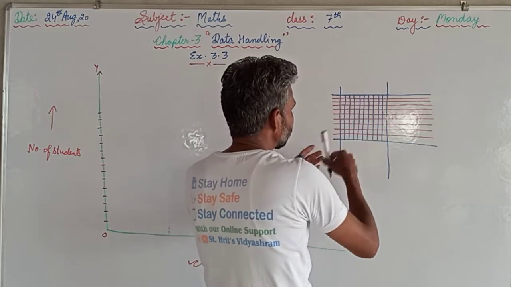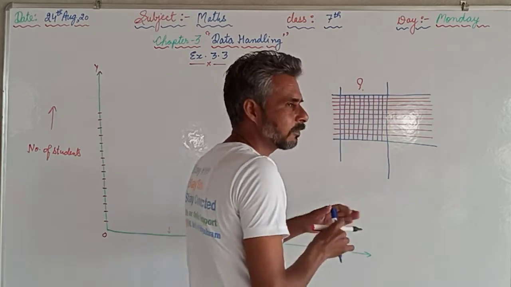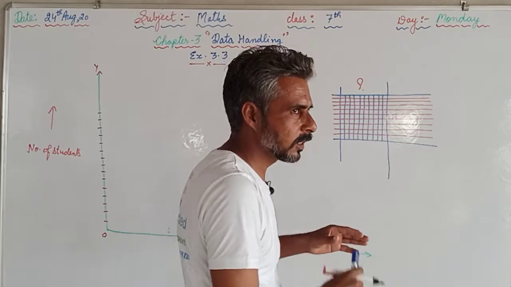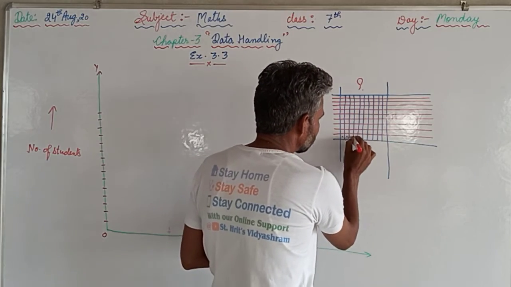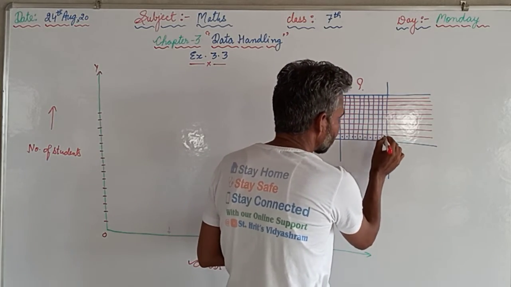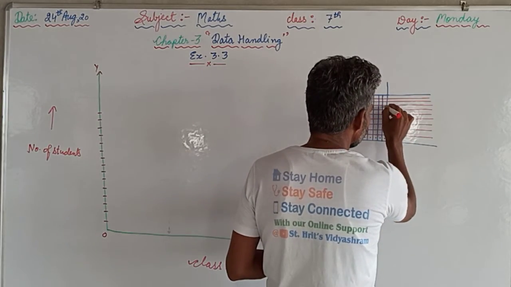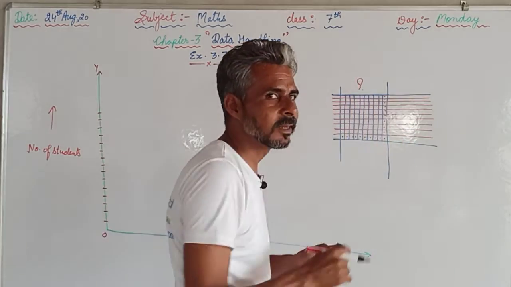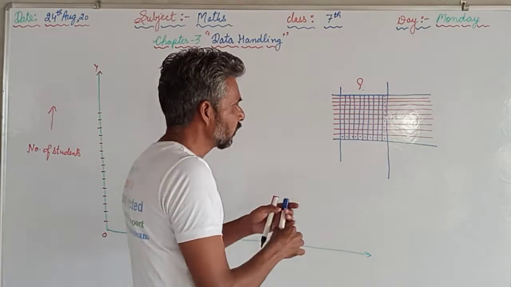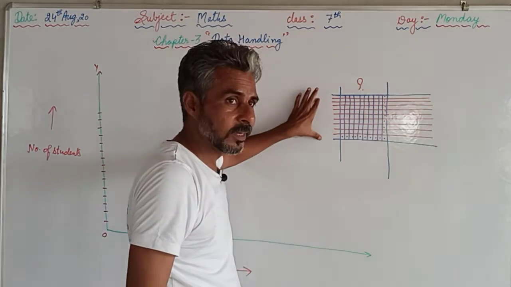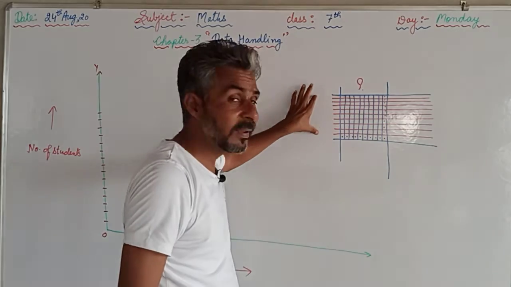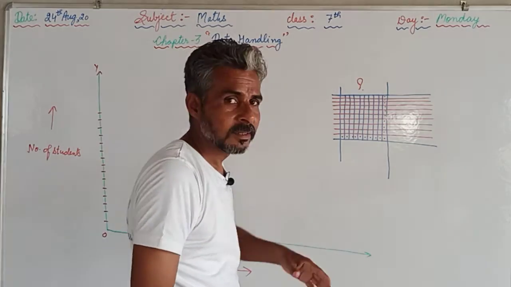Like this. If you observe that one big box, you will find 1 2 3 4 5 6 7 8 9 10 boxes on the horizontal side, and 1 2 3 4 5 6 7 8 9 10 on the vertical side. So we will take one big unit is equal to 10 students.